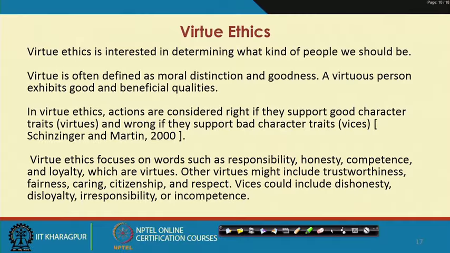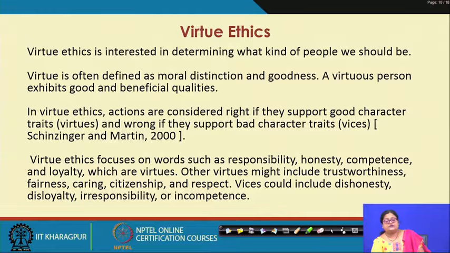So possessing these qualities like trustworthiness, fairness, caring, citizenship, respect for the rights of others, and being responsible, honest, competent, loyal will generate qualities within the decision maker, which will give him or her a perspective to look at moral dilemmas in such a way that the person will get a very holistic outlook of life, to look at the problem from various perspectives and take a decision which is on the right ethical track.